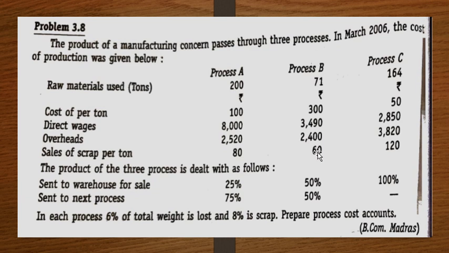Now we will get into the output column. In the output column, the items accounted are the normal loss, the actual output of that process, or any sale which is made. Any output going out of that process will be in the output column. Normal loss percentage is given: in each process 6% of the total weight is lost and 8% is scrap.